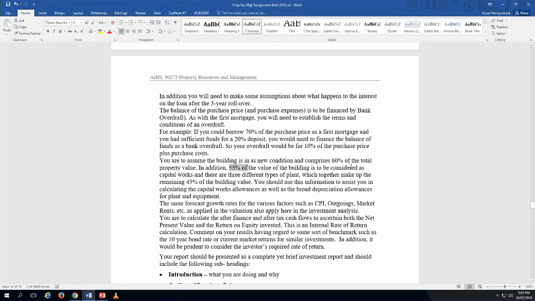You can claim as a tax deduction, capital allowances. Right? So 60% of the property value is building value, and 55% of that 60% can be claimed as capital allowances. Right.